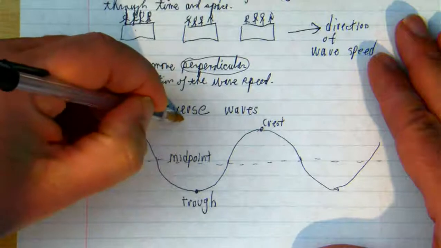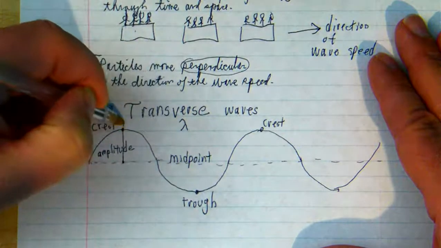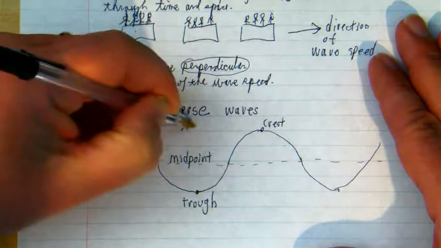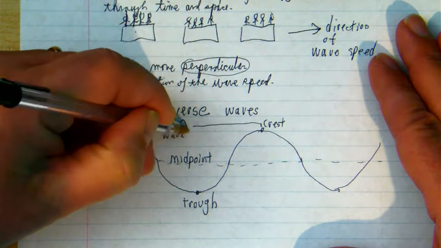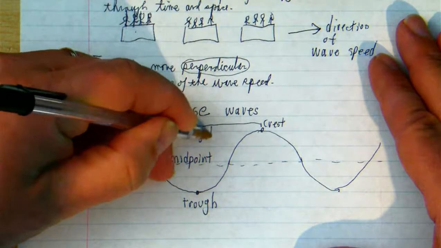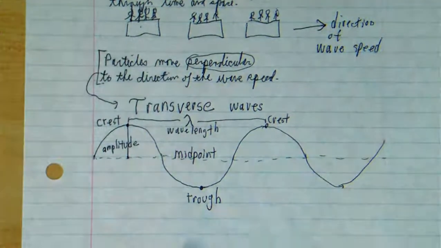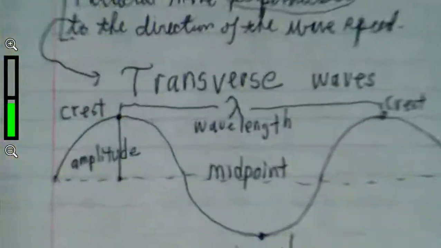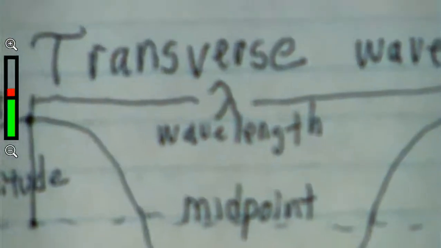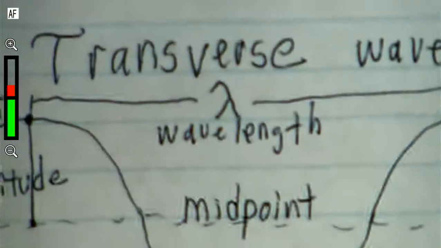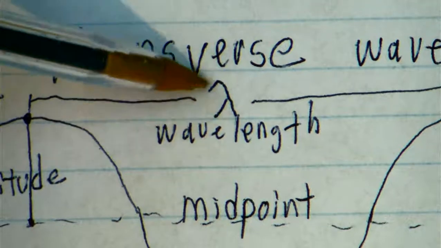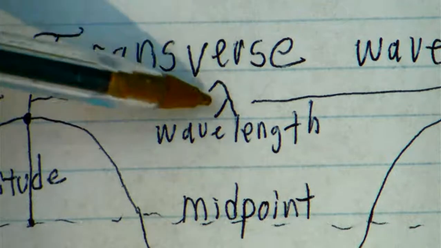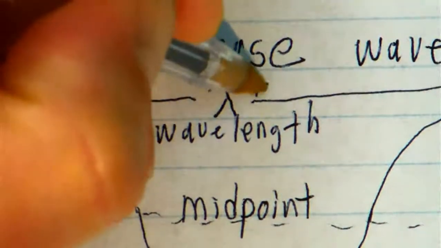The distance from one crest to the very next crest is called the wavelength. I wrote a Greek symbol for wavelength, and it looks sort of like a squiggly upside down letter Y. This is called lambda.